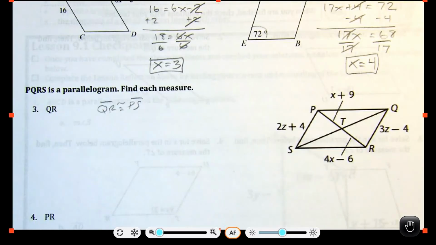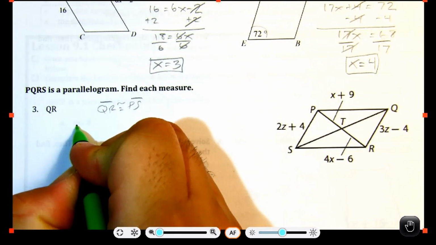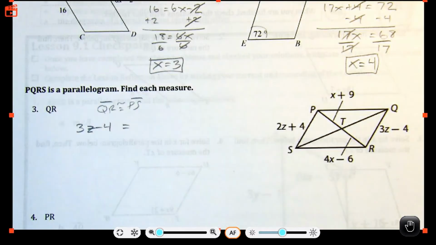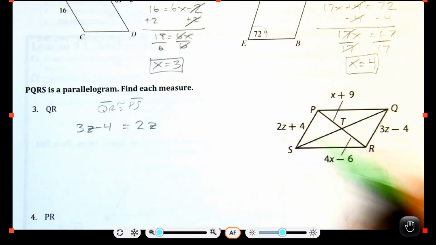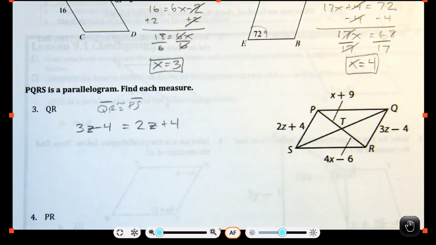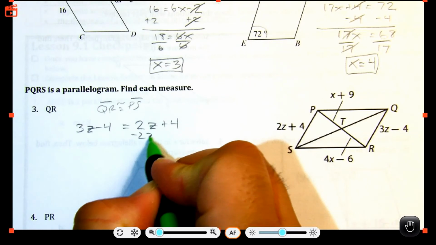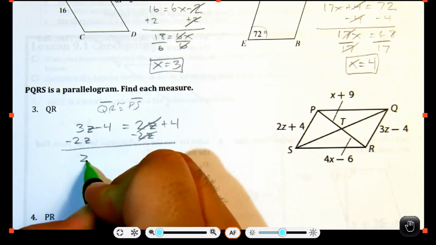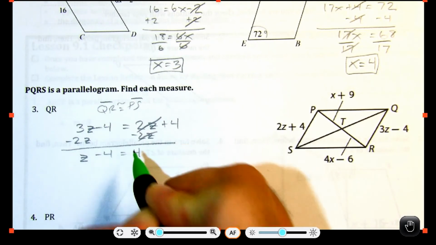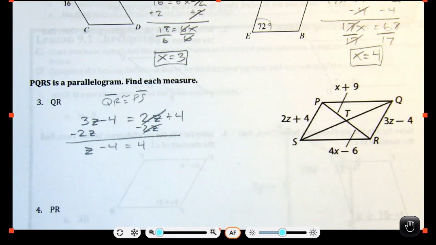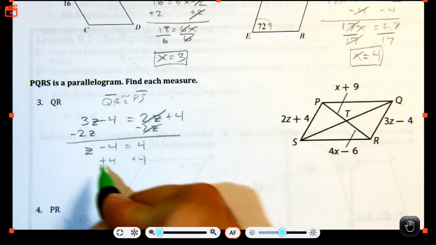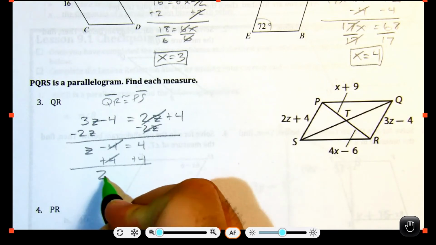Then if I substitute, QR is 3Z minus 4, and PS is 2Z plus 4. I could subtract 2Z from both sides, and I get Z minus 4 equals 4, and then I could add 4 to both sides. And you end up getting Z is equal to 8.